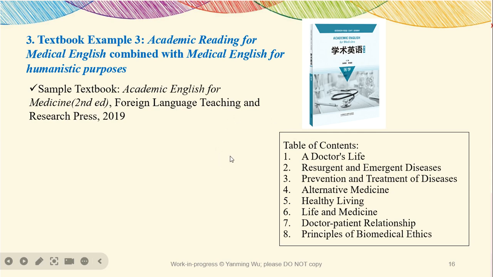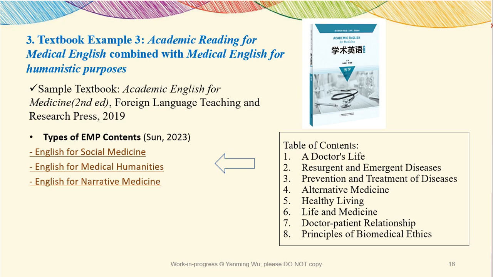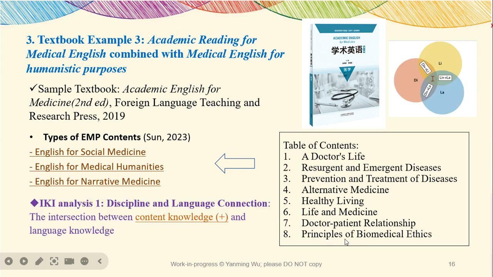I say it is a combination because in looking at the table of contents of this textbook, it covers a wide range of topics, actually relating to the types of EMP contents for social medicine, medical humanities, and narrative medicine, such as talking about a doctor's life, about diseases, about healthy living, doctor-patient relationship, and principles of biomedical ethics.